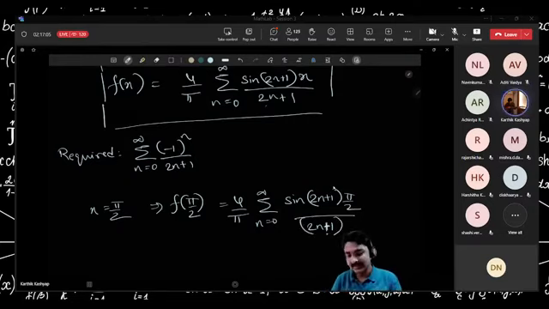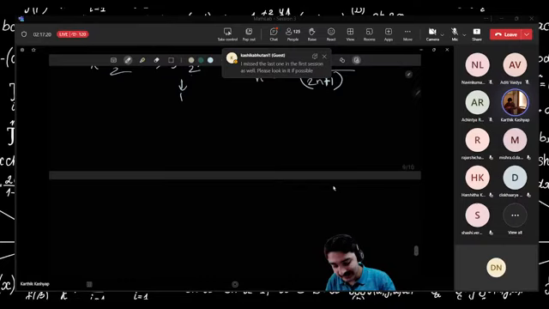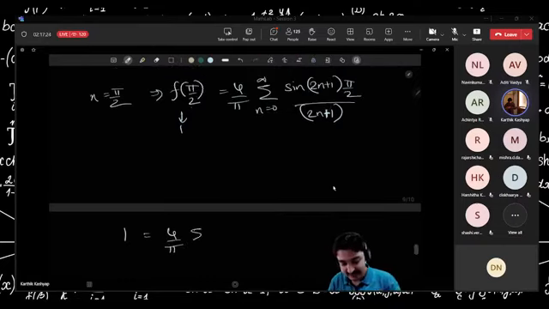So this is what we get. Now we know that the function f of x is equal to 1 for all values from 0 to pi, and pi by 2 belongs to 0 to pi. So f of pi by 2 is equal to 1. So we can write 1 is equal to 4 by pi times the summation n is equal to 0 to infinity sin (2n plus 1) pi by 2 divided by 2n plus 1.